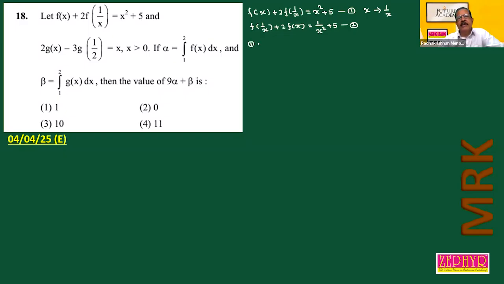Equation 1 minus 2 into equation 2 implies minus 3 into f of x equal to x squared plus 5 minus 2 by x squared minus 10.